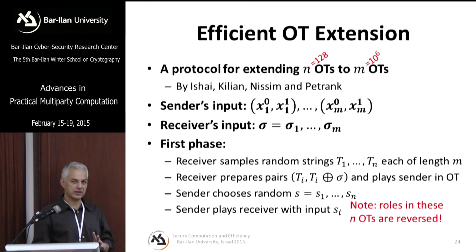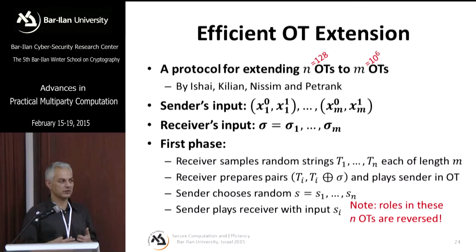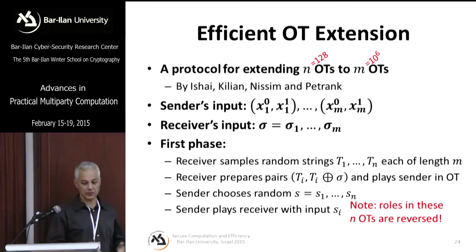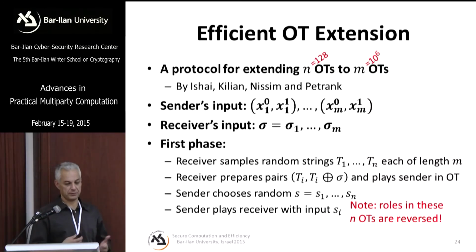So in the base OTs, the party who should be the sender in the real oblivious transfers is going to be the receiver, and the party who's going to be the receiver in the real oblivious transfer is going to be the sender. Let me go over this again. The receiver in the real oblivious transfers is now the sender. He prepares 128 pairs.